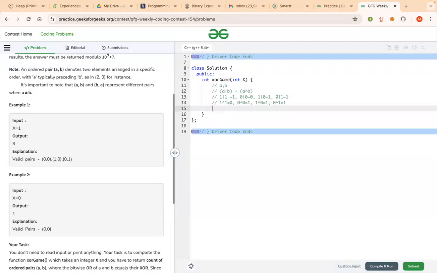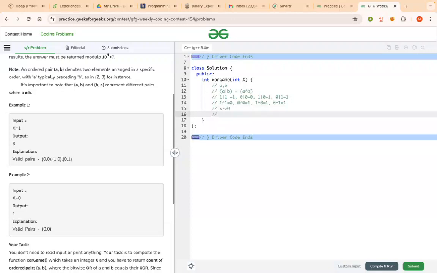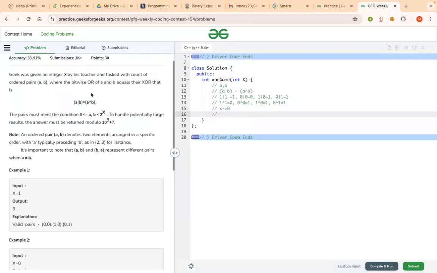So let's consider the case x equals 0. If x equals 0, that means no bits are there. What does it mean? If you observe carefully, if some number is 2 to the power n, and let's say some number x is less than 2 to the power n, what do you think, how many bits can x have at most? x can have at most n bits, right?